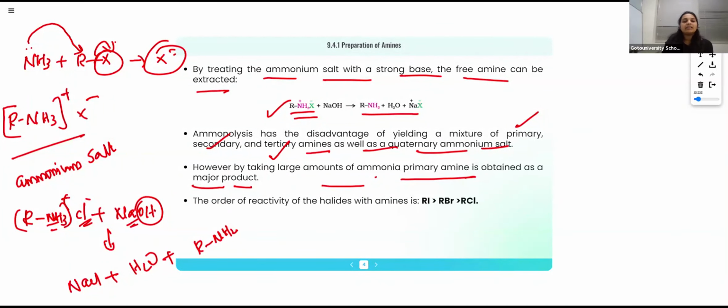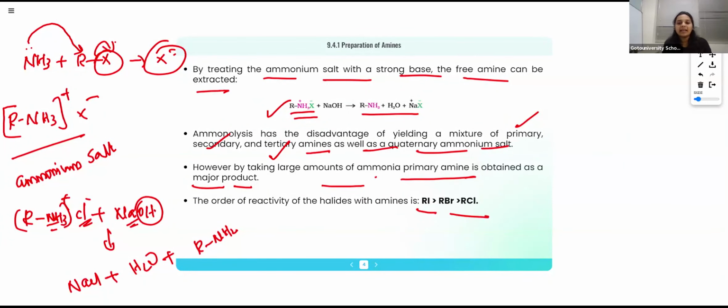This ammonia is attacking the R group, the alkyl group, using its lone pair of electrons. That's why this reaction is happening. So which halide is more reactive with ammonia? Definitely it will be alkyl iodide.